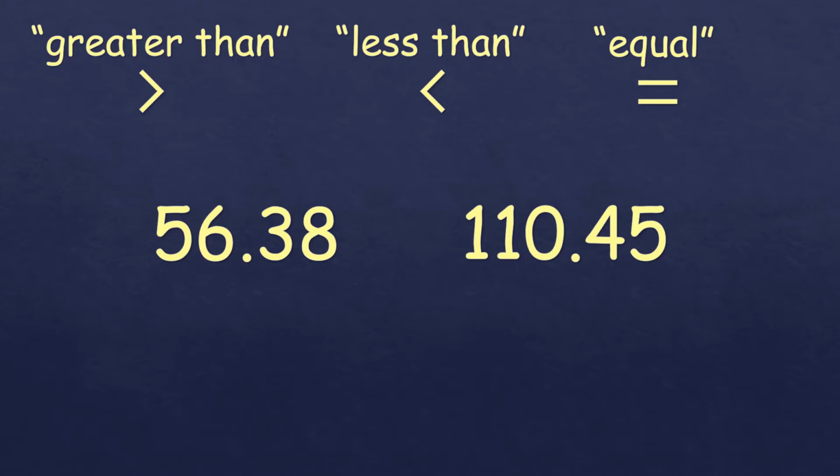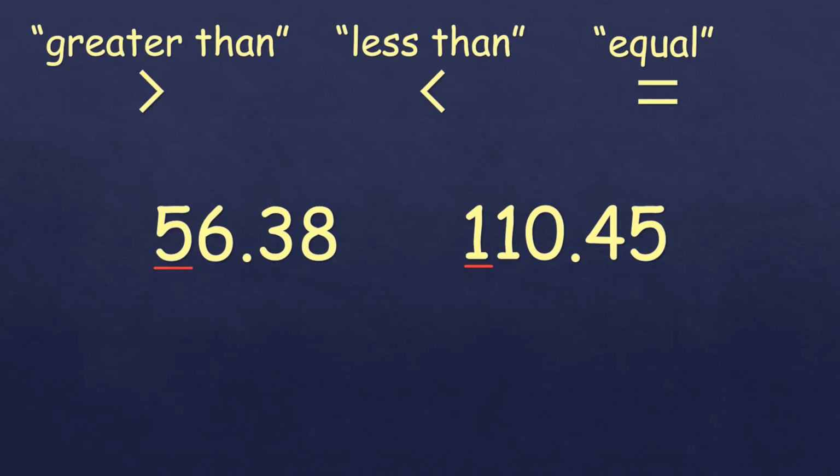Now when we compare decimals or any numbers, we always start from the left and go to the right, starting from the place value. For example here, the leftmost digits of both numbers have different place values, so it's easier for us to compare them. The 5 in 56 is in the tens place.